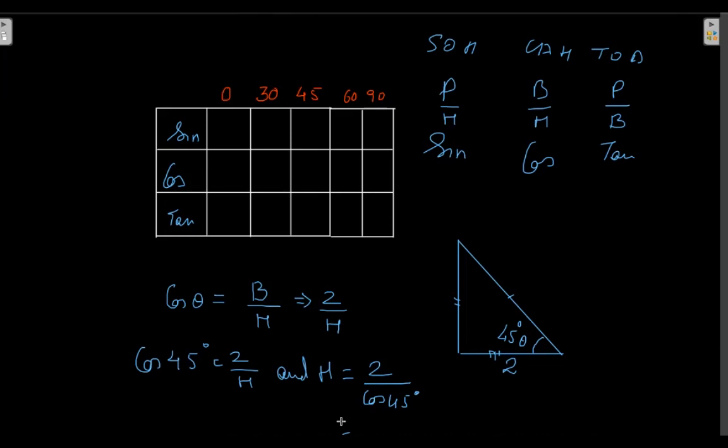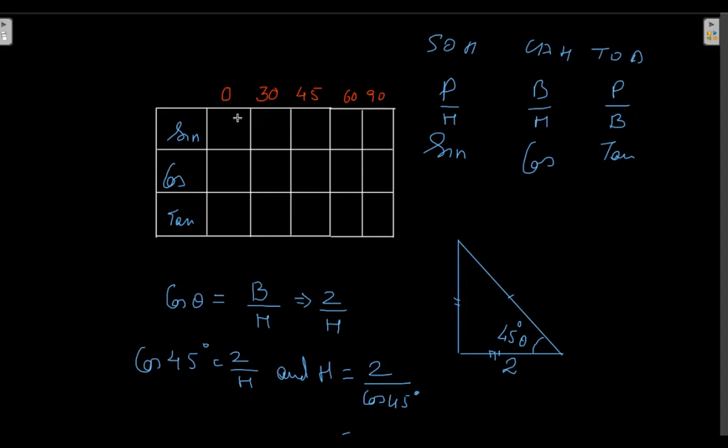This brings us to the table which I have drawn here. These are a few of the significant values, like 0, 30, 45, 60, 90. Pretty straightforward angles, right? I'll not just help you populate this table, but I'll also tell you how to remember it. So let's start.